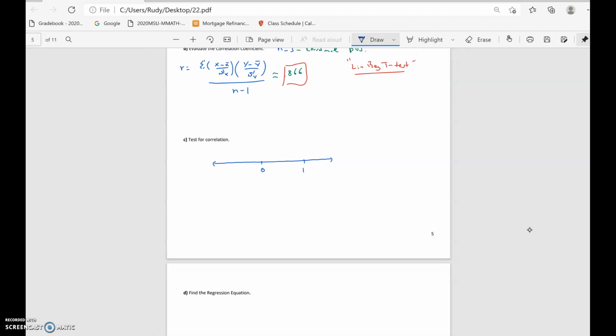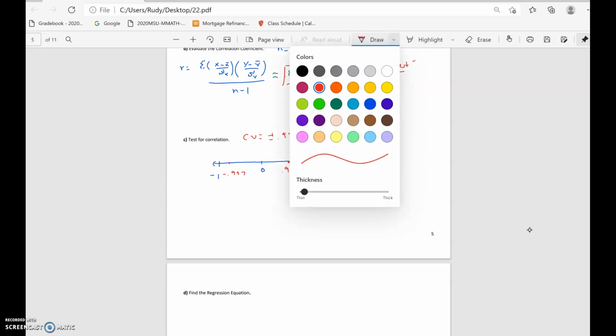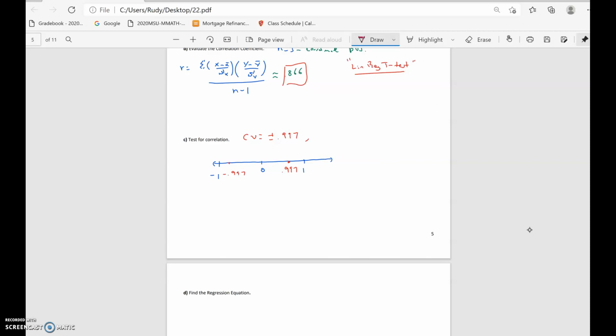The maximum that the formula is going to be for R is 1. The minimum is -1. Our critical values, so CVs, were plus or minus 0.997. So that means that we're going to have a critical value here, 0.997, and then another one here, -0.997.